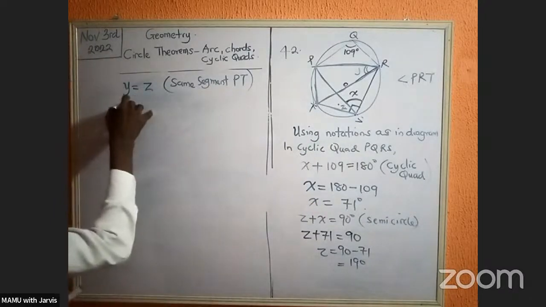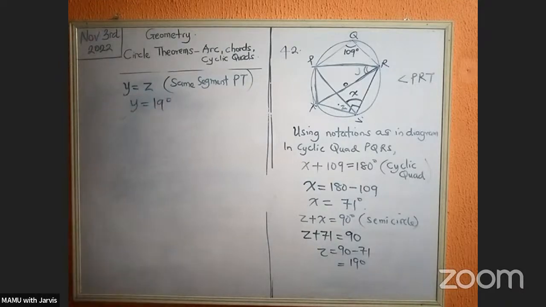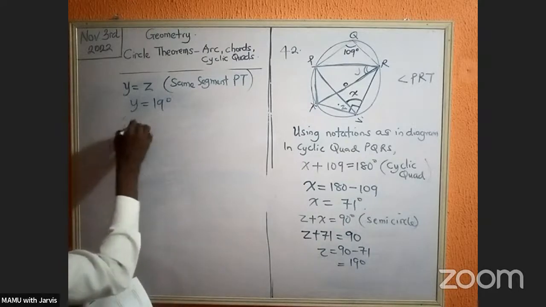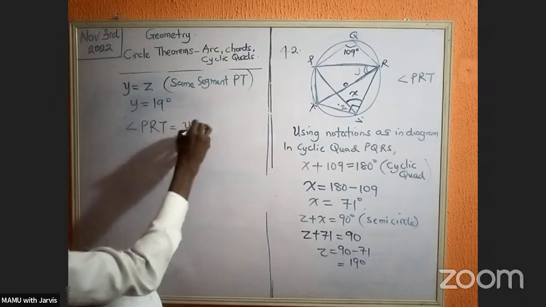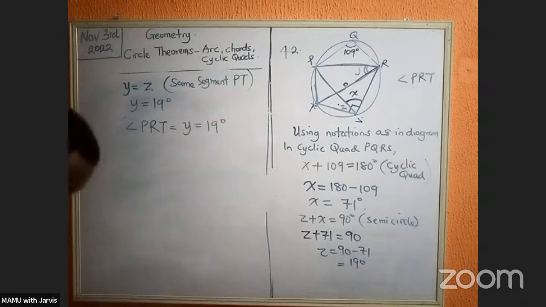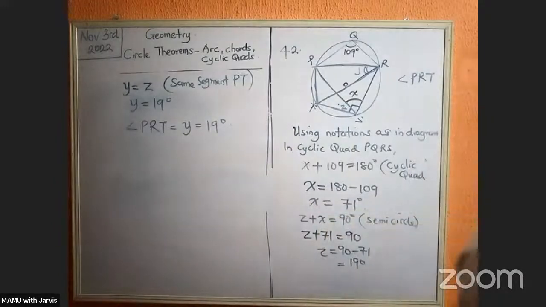That means that Y will be equal to 19 degrees. But we're not told to look for Y. We are told to look for angle PRT, which is equal to Y and is equal to 19 degrees. So we have solved that. We'll give ourselves a little time to catch our breath. Then we'll go to another set of questions.